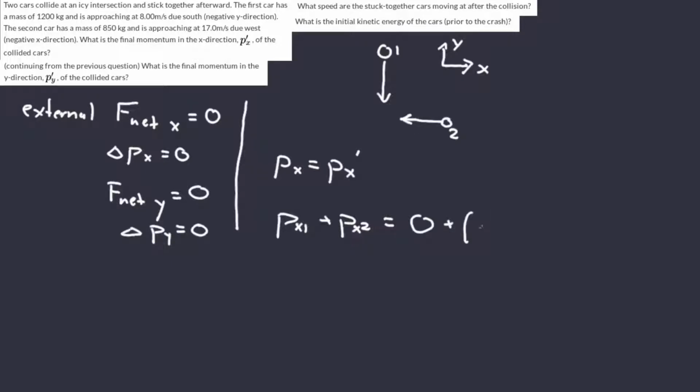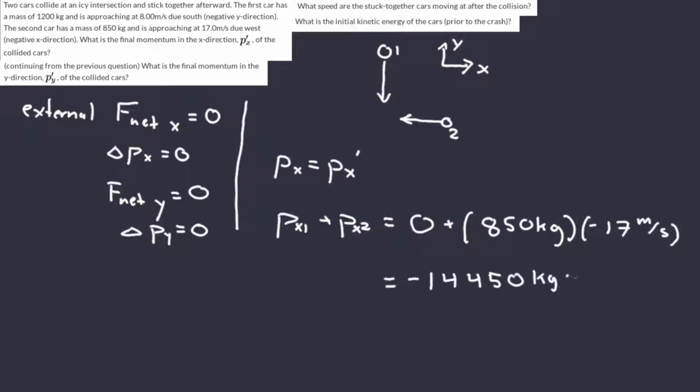Px of the second car is the mass, so that's going to be 850 kilograms times the velocity, which is negative 17 meters per second. So if I plug these numbers into my calculator, 850 times 17, I get negative 14,450 kilogram meters per second. And that is the solution to the first question.